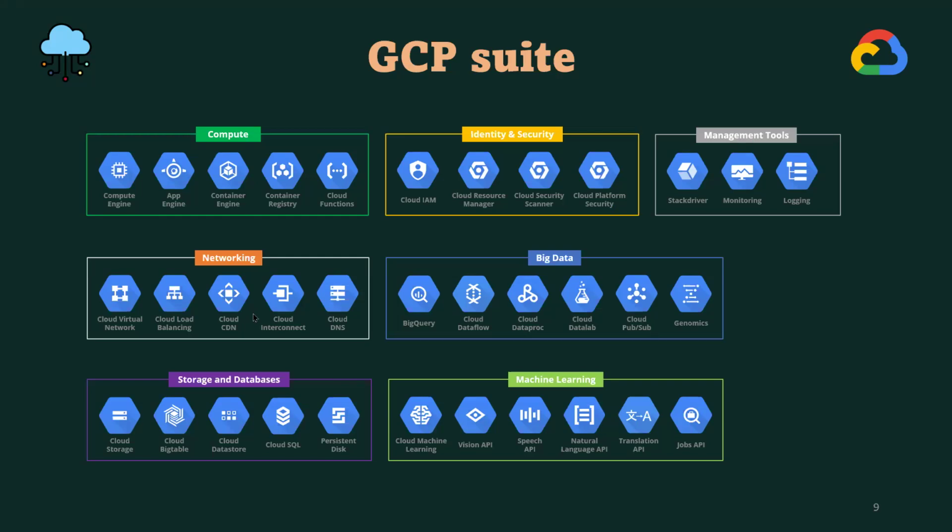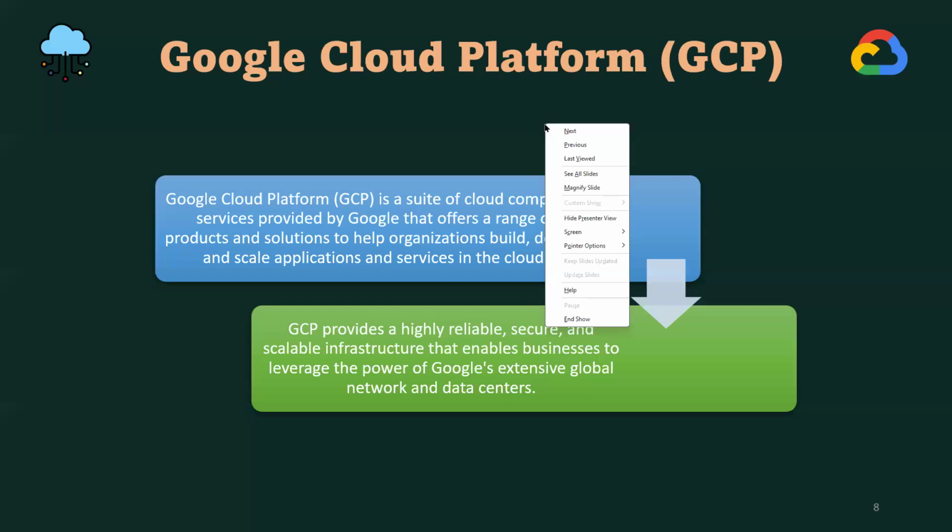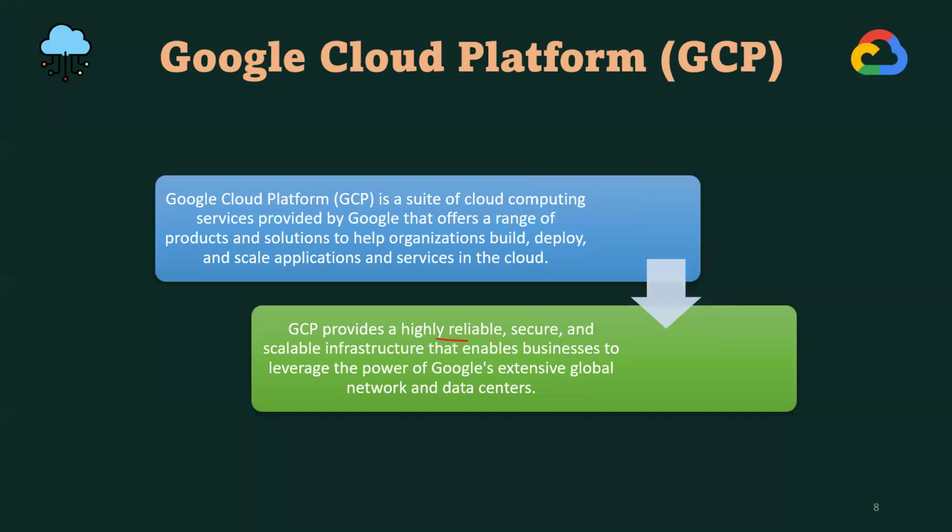If a project wants to store data or create and deploy an application, there is a service available from Google Cloud Platform. It offers a wide range of products and solutions to help organizations build, deploy, and scale applications and services in the cloud. These services are highly reliable, secure, and provide scalable infrastructure available throughout the world.